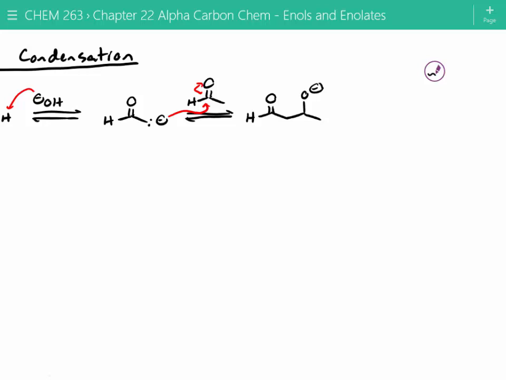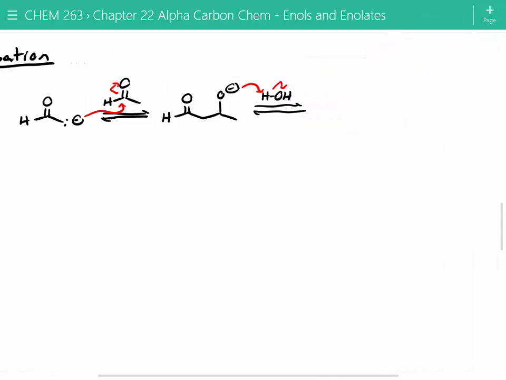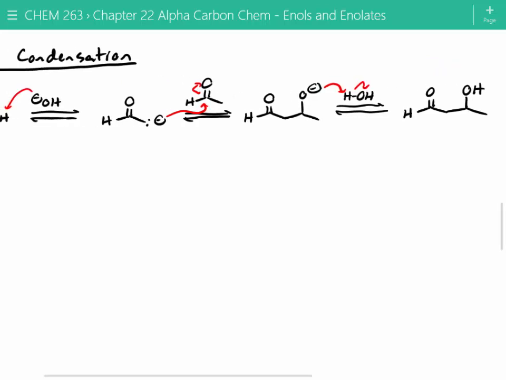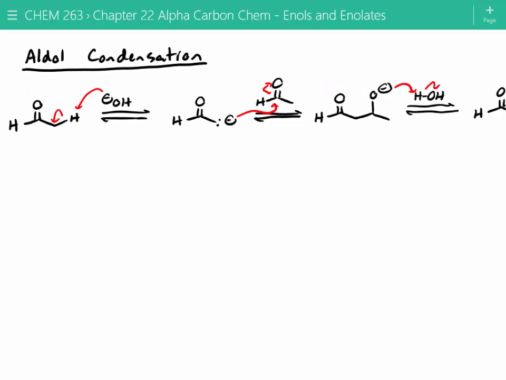And then in the next step, we just protonate, right? And we get to our beta hydroxyaldehyde. All right, so this is just our normal aldol addition.